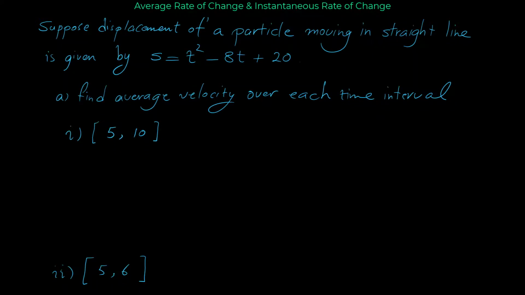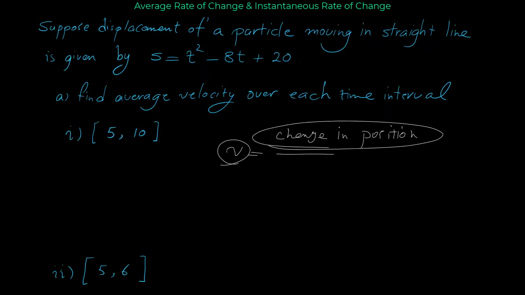We want to find average velocity. Let me remind you of a physics formula. For finding velocity, if you remember, it is change in position, or you can say displacement, over change of time.